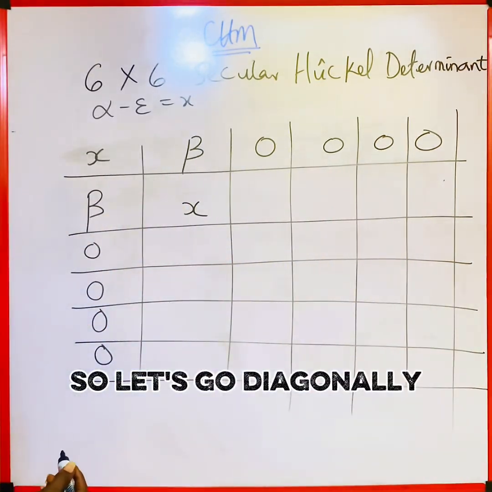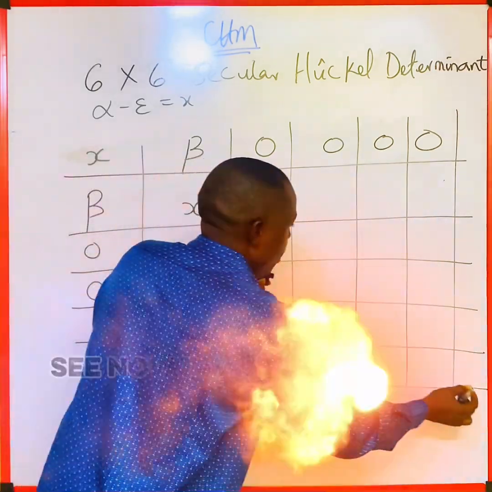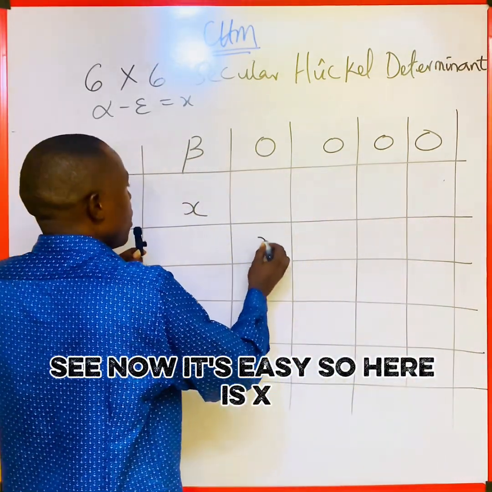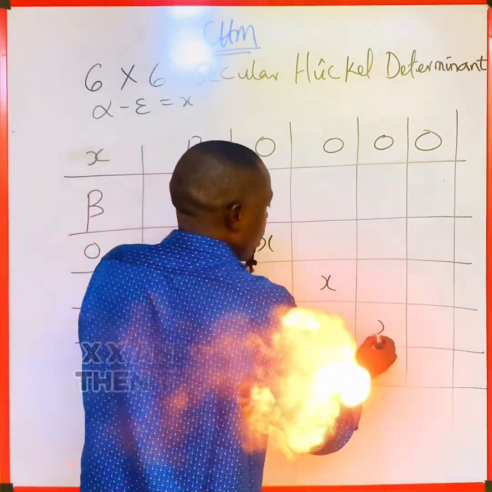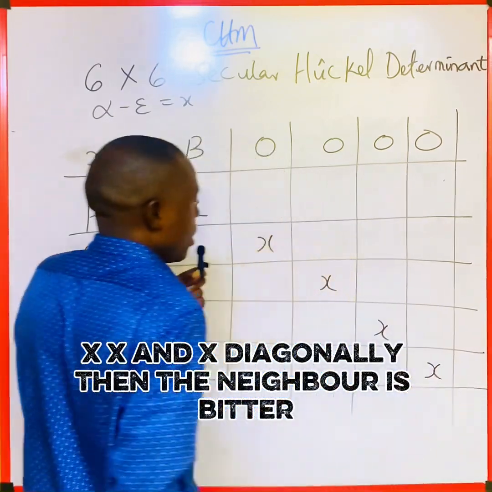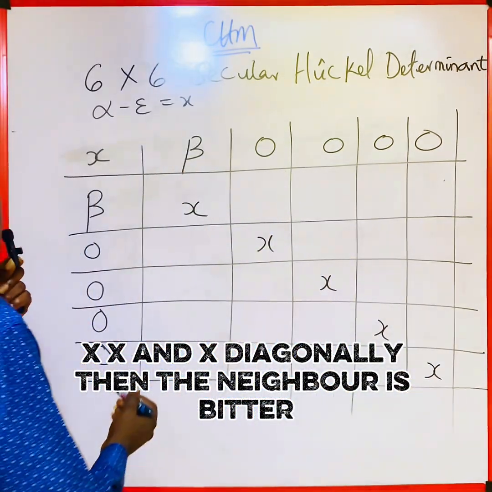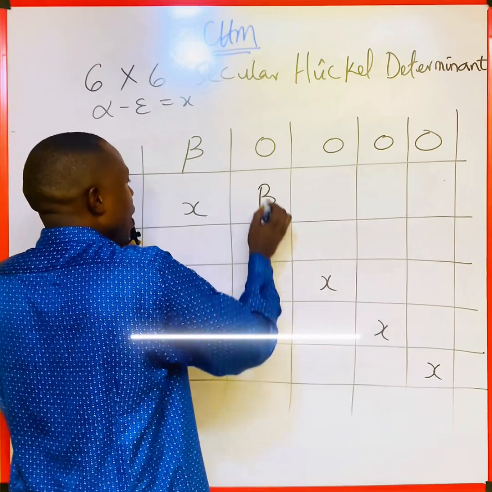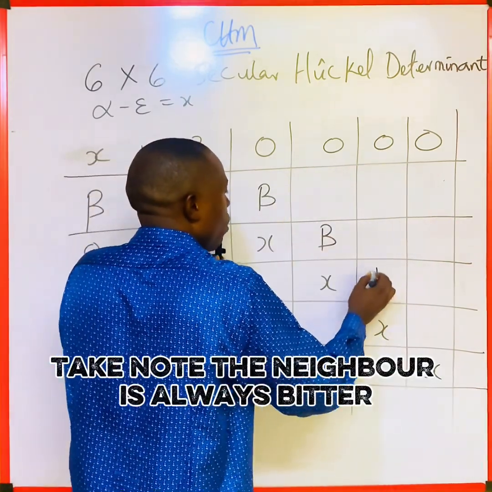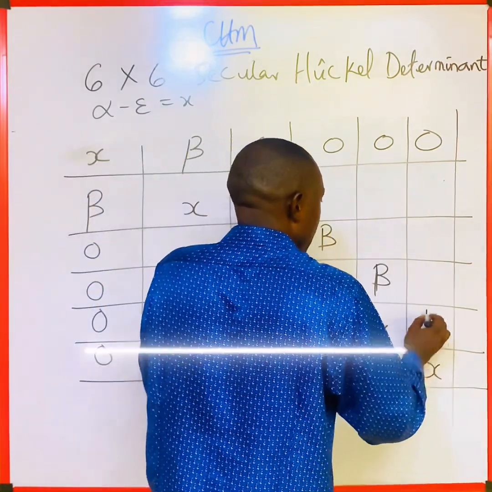So let's go diagonal. See now, it's easy. So here is X, X, X, and X. Diagonal. Then the neighbor is beta. Take note. The neighbor is always beta.